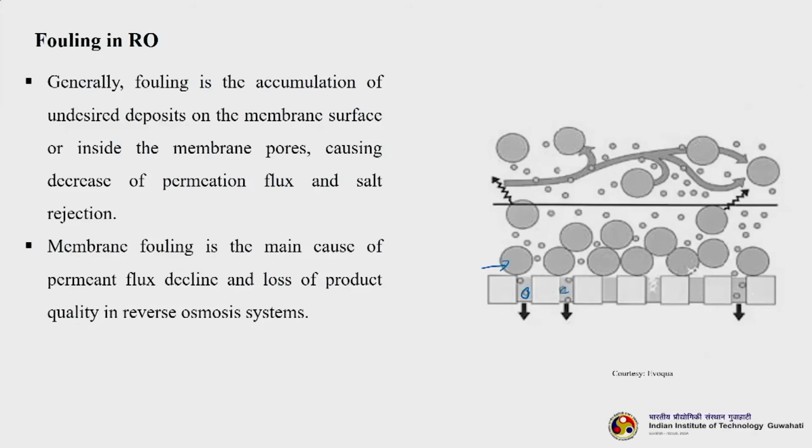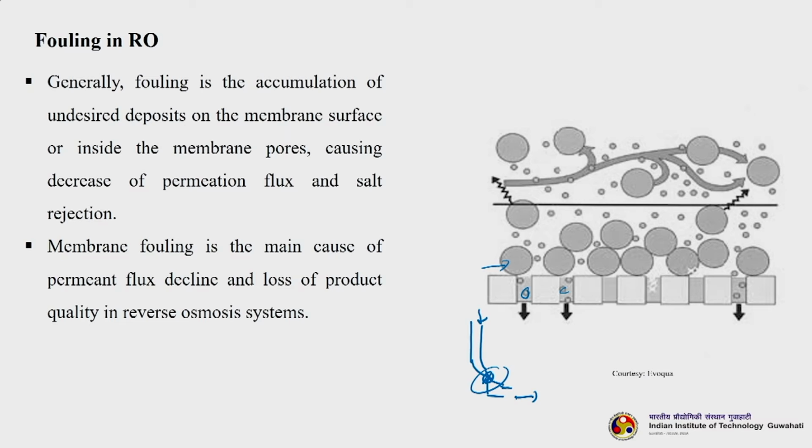If the passage is constricted, as I showed earlier, it is very constricted and then opens up again, so they will get deposited in this area. Even if the pore is open from both sides, it now becomes a dead end pore. So, this particular pore now becomes fouled.